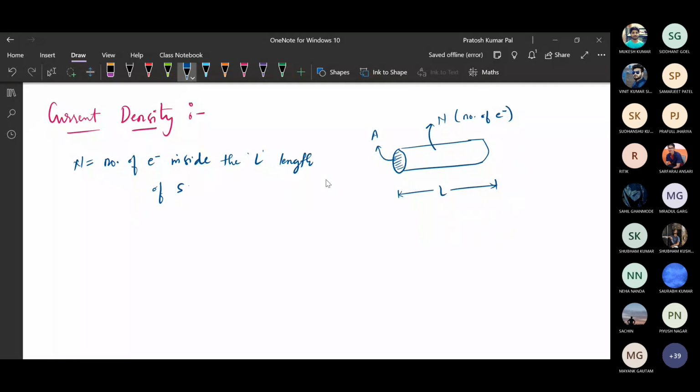And suppose t is the time taken by an electron traveling from one end to the other end of the conductor.